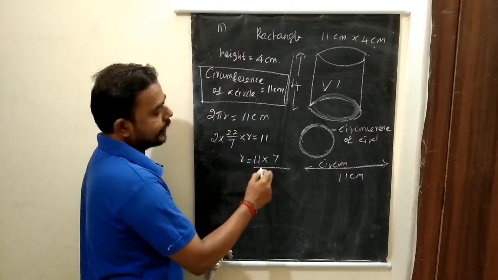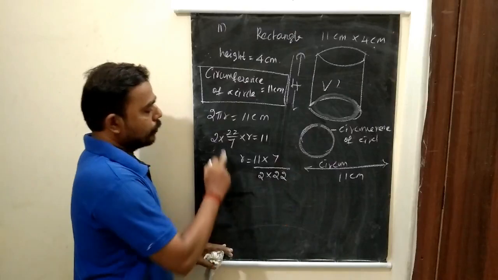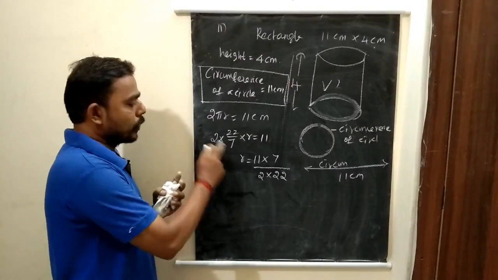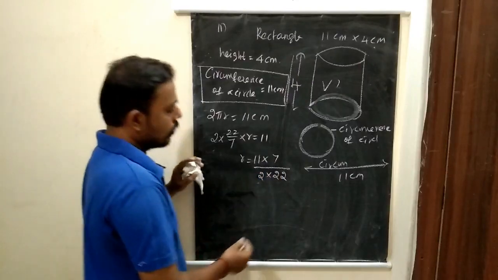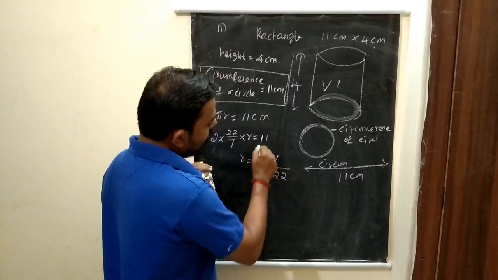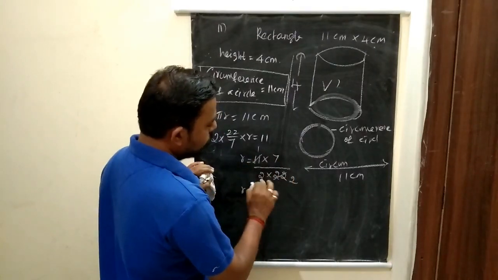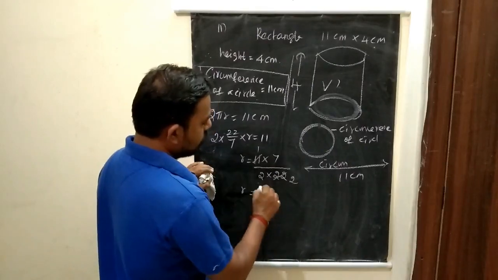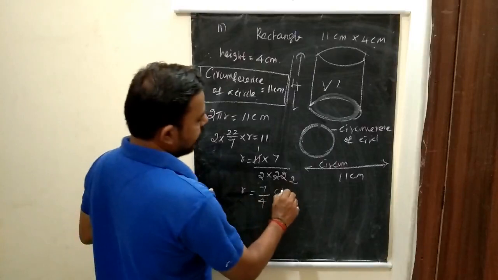The right side numerator comes to the denominator, and 22 divided by 7 becomes the reciprocal 7 by 22. Now we can cancel this. 1 11s are 11, 2 11s are 22. So r equal to 7 by 2 2s are 4. So 7 by 4, don't find the decimal value, 7 by 4 centimeter.